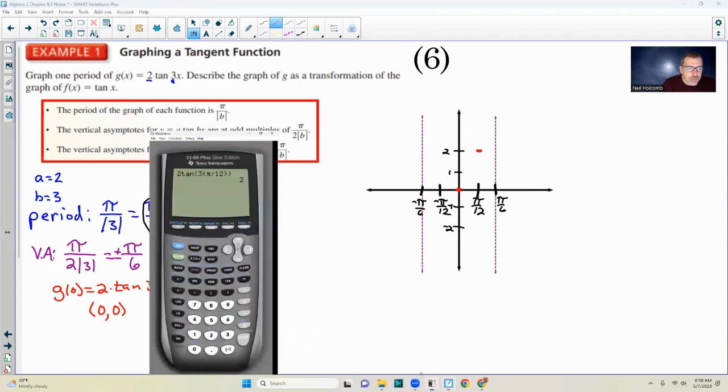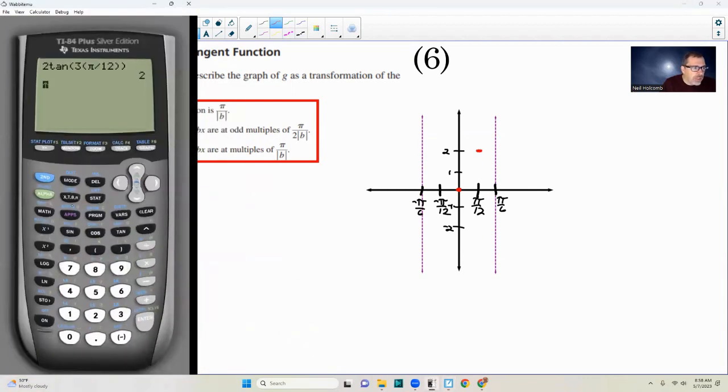Now I want to do negative pi over 12. So I'm just going to hit second entry, and I'm going to come in here and insert a negative sign and hit enter. And I get -2. So 2 times the tangent of 3 times negative pi over 12. It's -2. So we are down here.